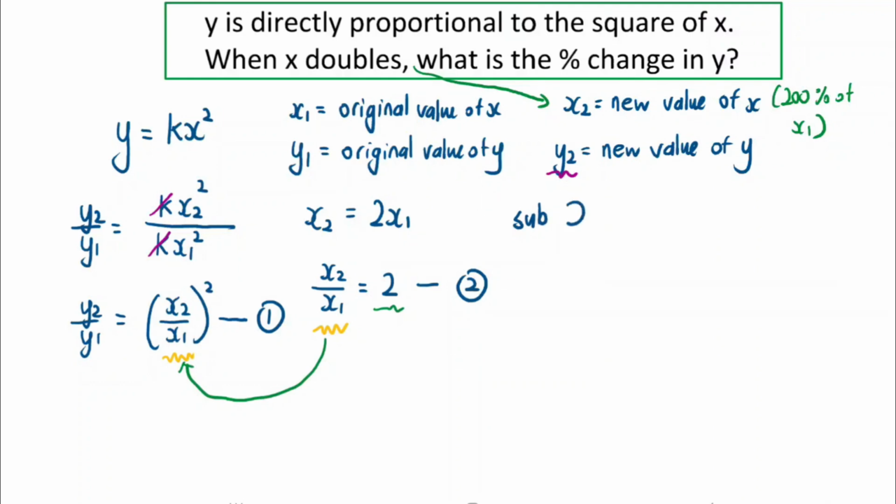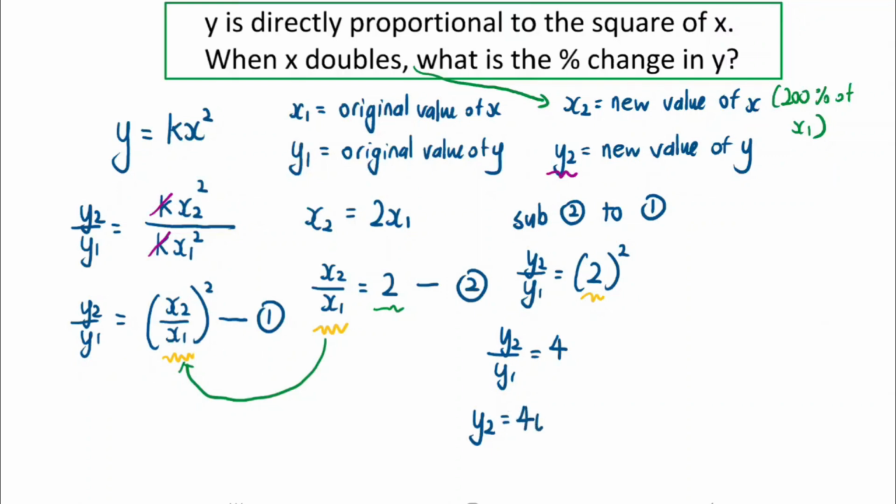We're going to substitute equation 2 into equation 1. So now y2 over y1 equals 2 squared, and this 2 is the x2 over x1. So let's simplify this. y2 over y1 now becomes 4, which means that y2 equals 4y1.